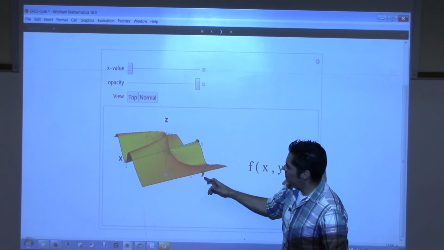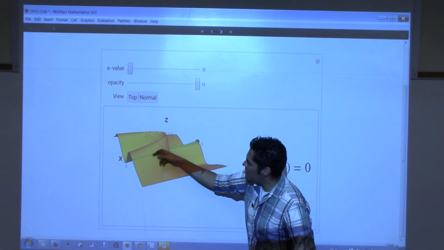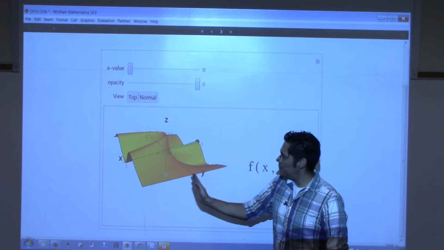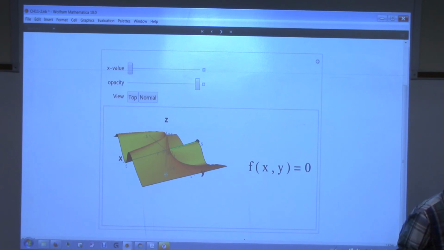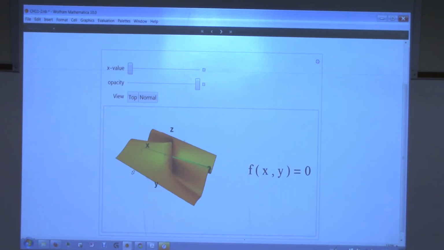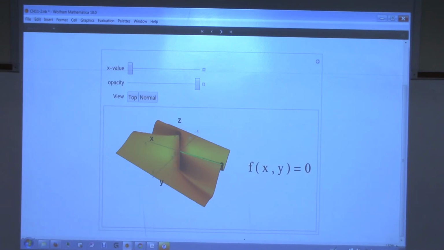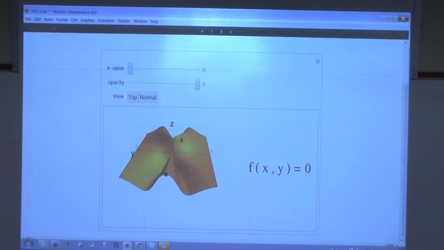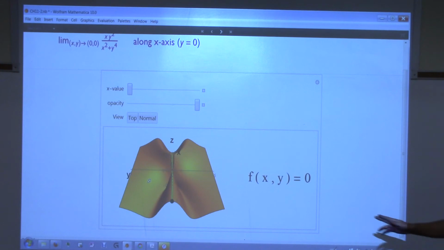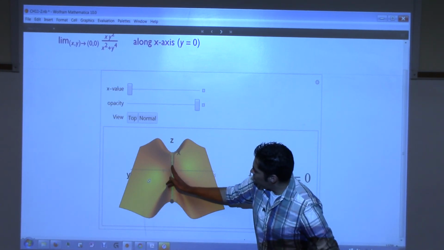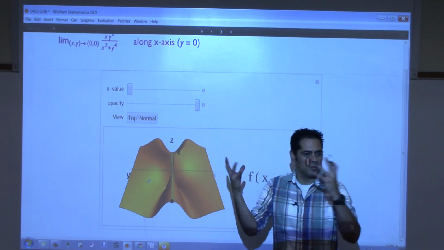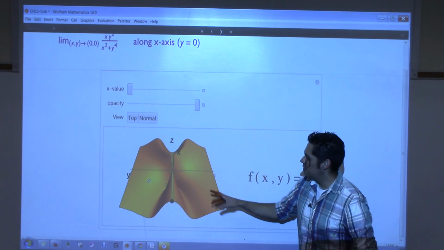But if you come in the y-axis or the x-axis, you're down at 0, even along the diagonal. So let's see. There's along the y-axis, it's 0. Along the x-axis, oh, can you see through? You can see through it, can't you? That's through. Now remember, at 0, 0, you have this undefined thing happening.